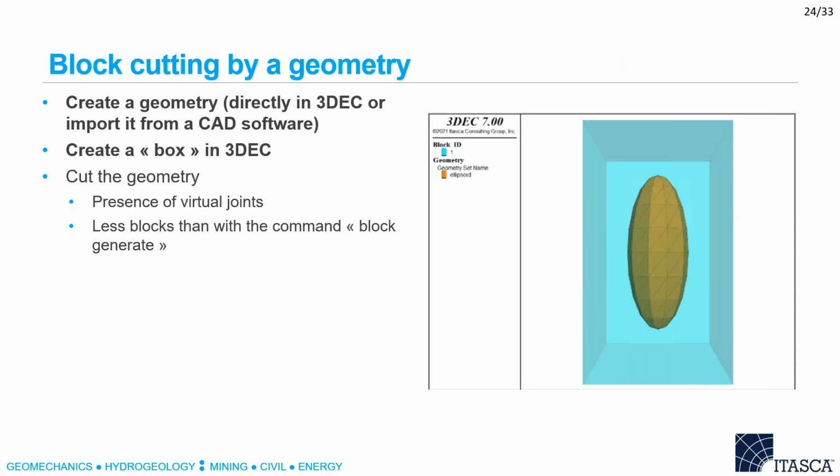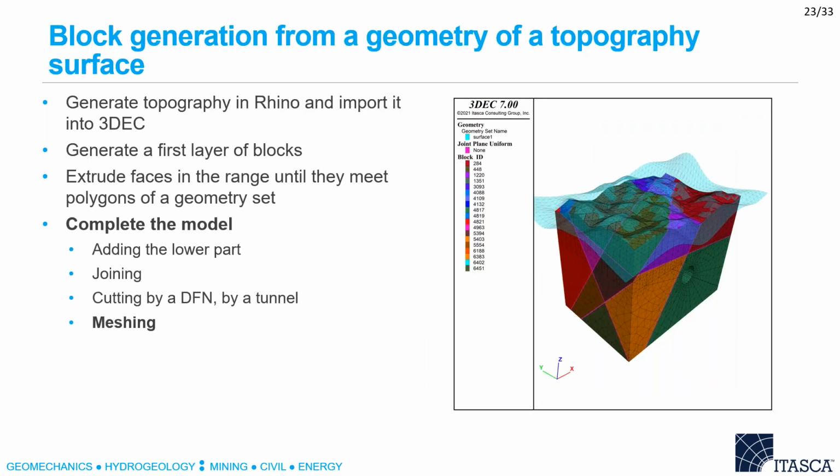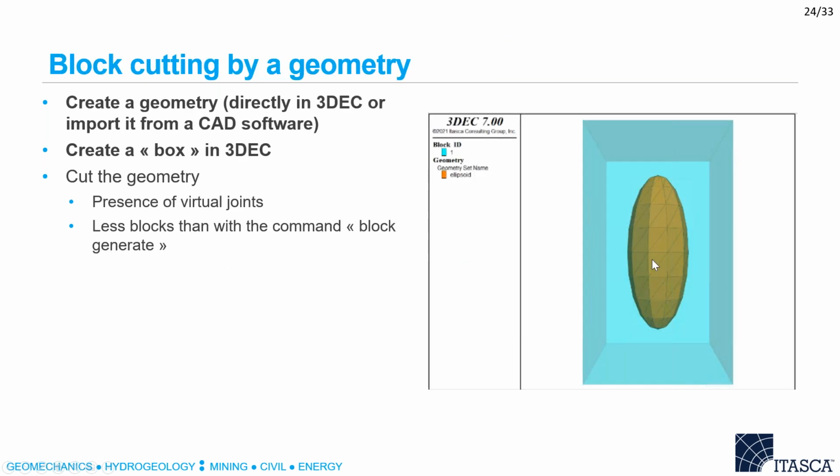Now I'm going to talk about another option. We have seen here that we have cut with fractures or with a cylinder, but we can also cut a block model with a geometry. In this case, we have imported an ellipsoid geometry from a CAD software.